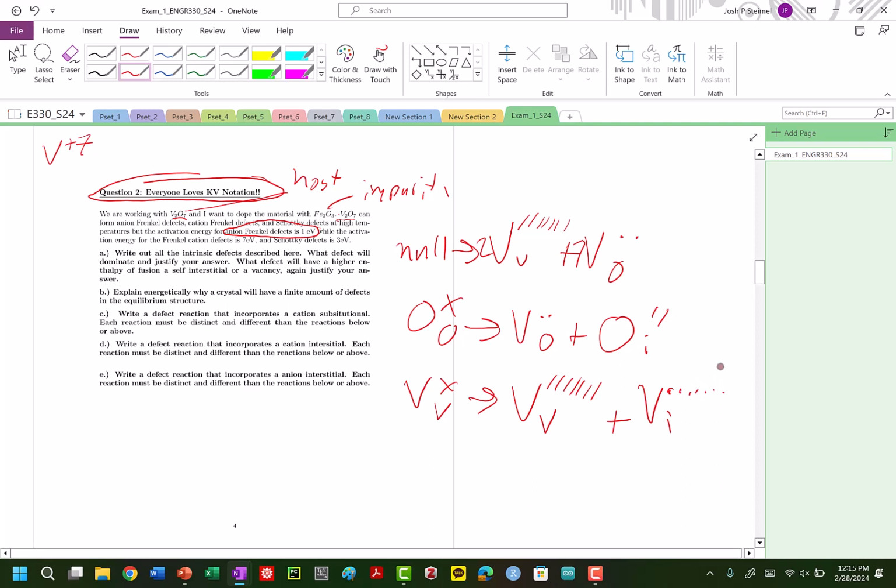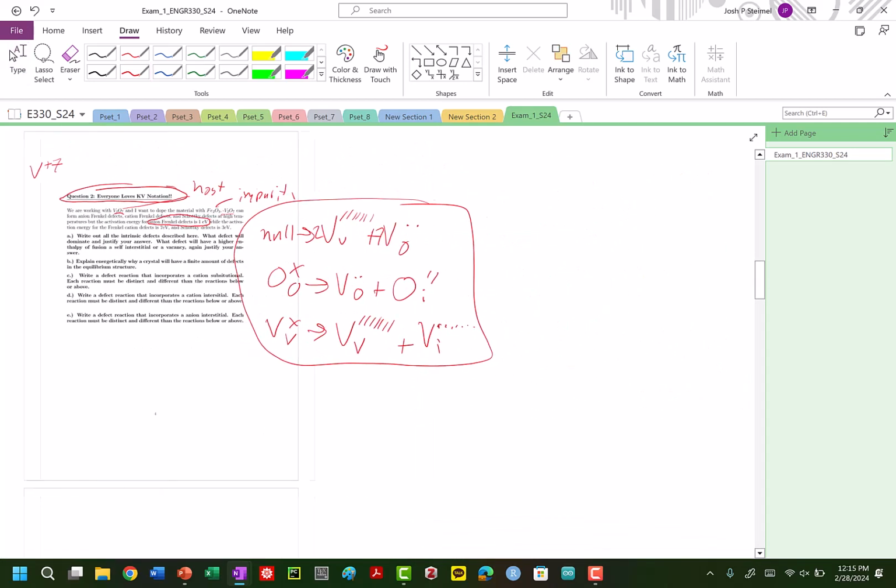Fantastic. We may change that value to X maybe, just to make it a little bit clearer, although that could be confusing too. I could use tantalum. I may just do Ti. We'll see. We'll figure it out. Don't worry. So we've got all of our intrinsic defects right there.